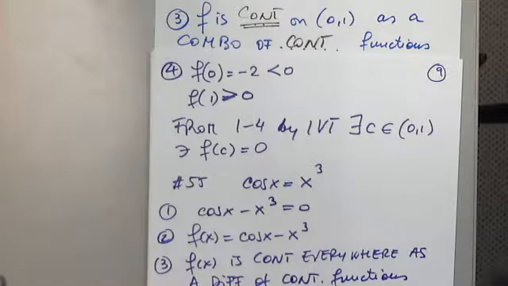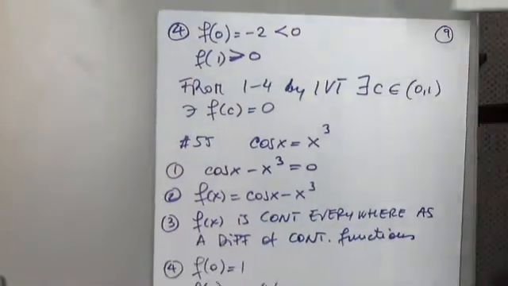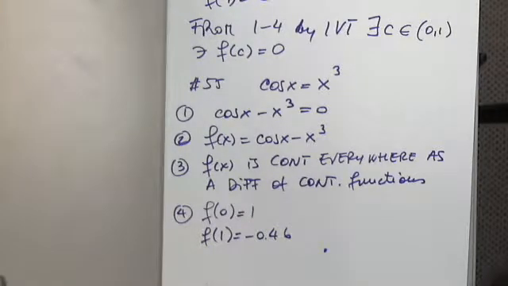I need a 1 unit length interval. I cannot say between 0 and 10. I have to use at most a 1 unit interval. So then I have my interval. What will you say? F of 0 is 1, and f of 1 is negative 0.46. Therefore, I found the interval. So the interval is 0, 1.